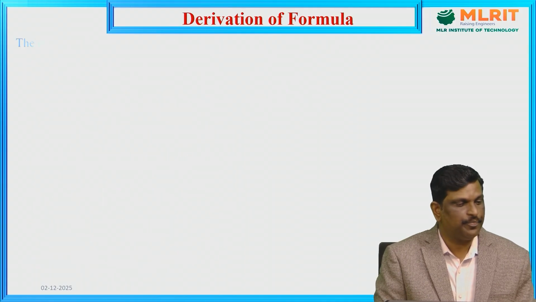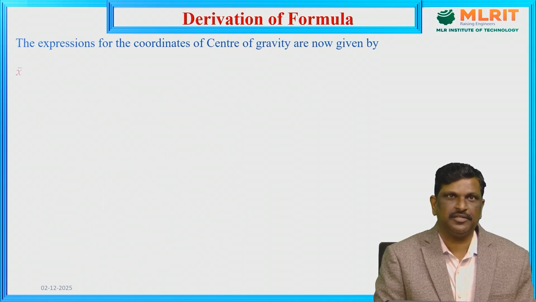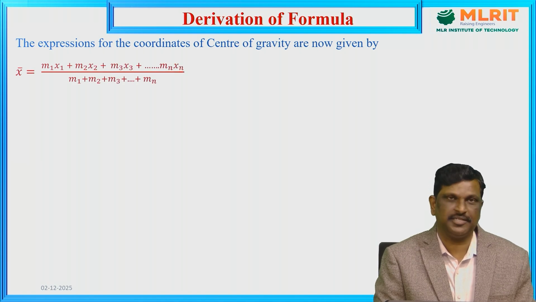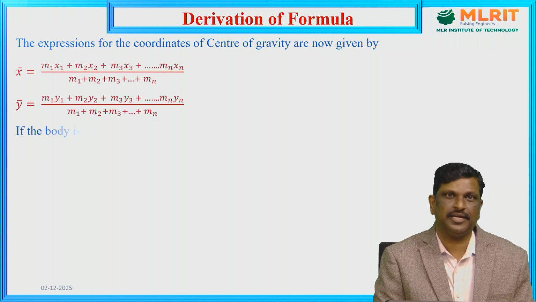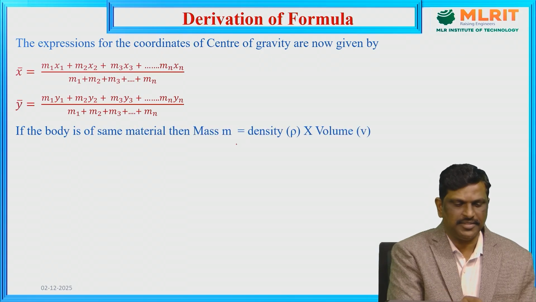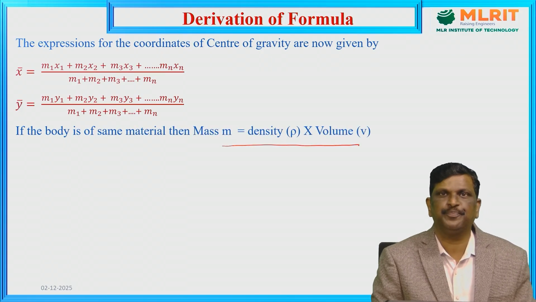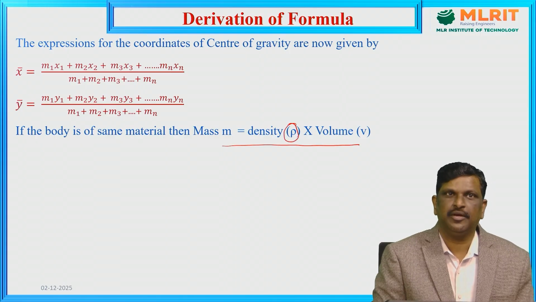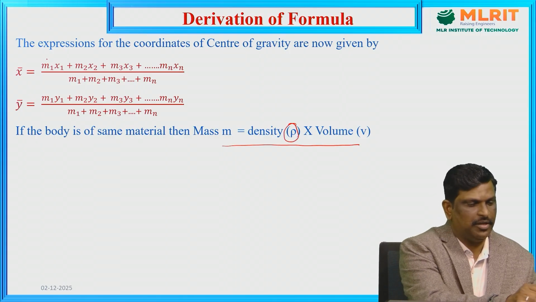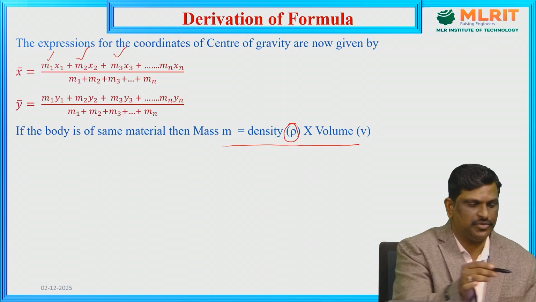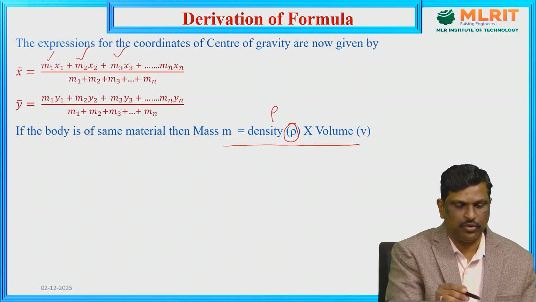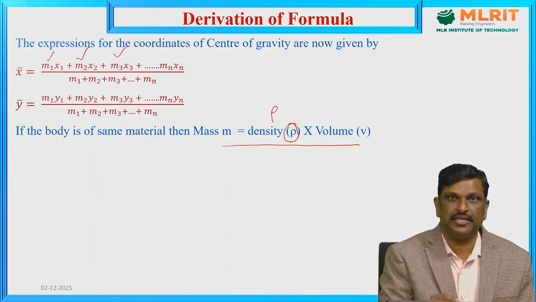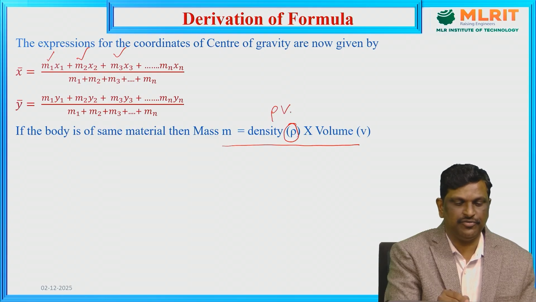Right. Now the expression is reduced into masses. Now we have another relation, that is mass is equal to density rho into volume. Now in the equation, replace all mass terms m1, m2, m3 by density rho, which is a constant for the material, into volume of the individual bodies v1, v2 and v3.